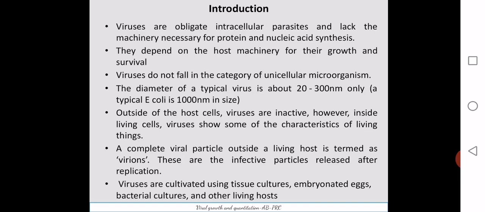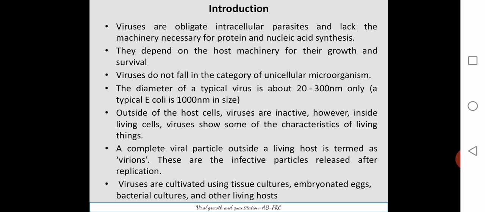Viruses are obligate intracellular parasites. That's the definition of a virus. Usually, they do not have the machinery or required materials for protein synthesis or nucleic acid synthesis. These two are considered the most required processes for a living organism, and hence viruses do not have these capacities.